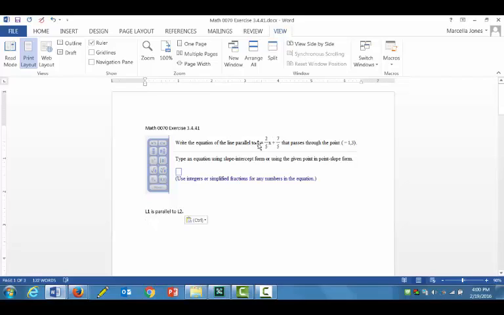L2 is the line whose equation is given. So L1 and L2 are parallel, and L1, the line we're trying to find, passes through the point (-1, 3).